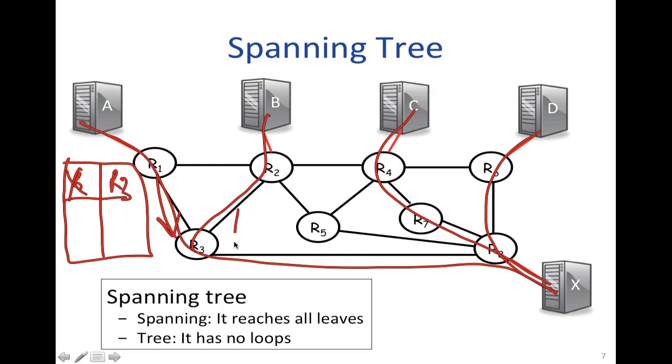Likewise, at R3, we would have an entry that said, if I want to go to X, then I will go directly to X. Similarly, over here in R4, I will say, if I'm going to go to X, then I'll go there via R7. So the spanning tree is used in order to create the routing entries so that we can populate the forwarding tables and therefore route paths along that spanning tree.